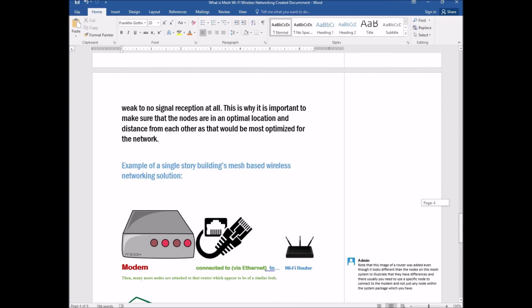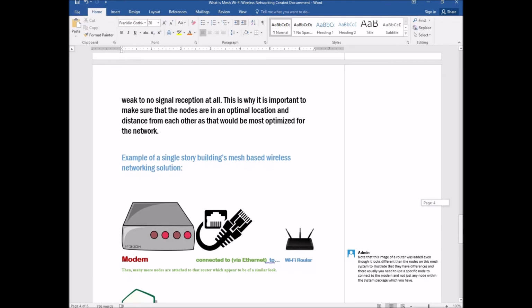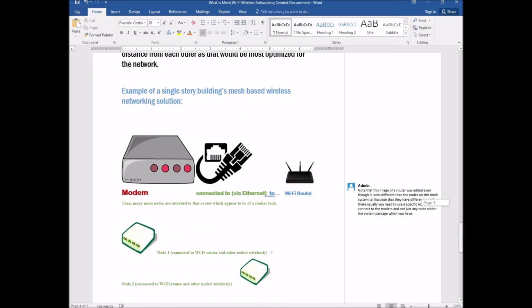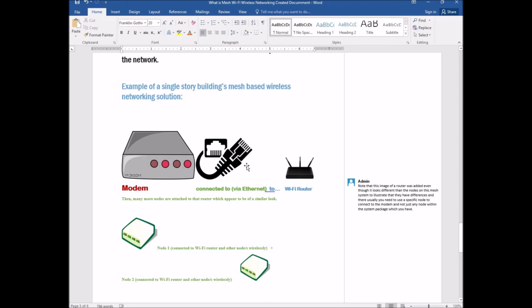An example of a single-story building's mesh-based wireless networking solution is provided below. We have a modem, and that's connected via Ethernet to a router.